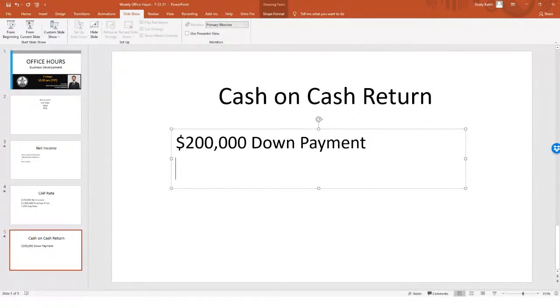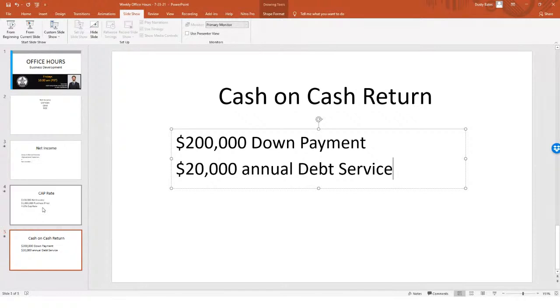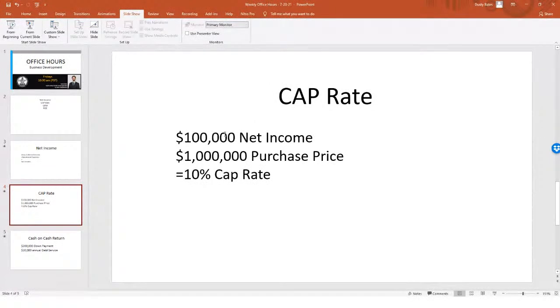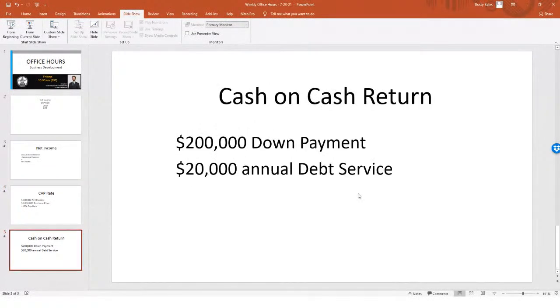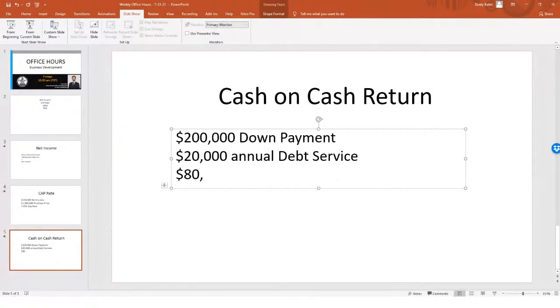My debt service on the property is, let's just keep it simple, $20,000. So I've got that $100,000 in net income on this example property, but I've only got a $200,000 down payment. I've got $20,000 in addition to that being paid in debt service. So of the $100,000, I get to keep $80,000.